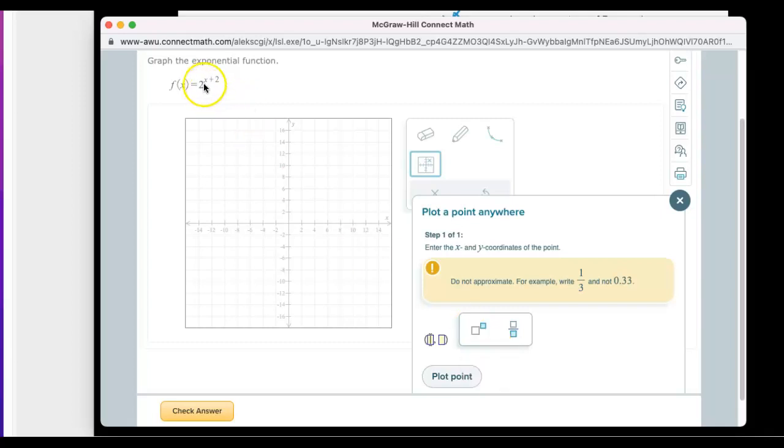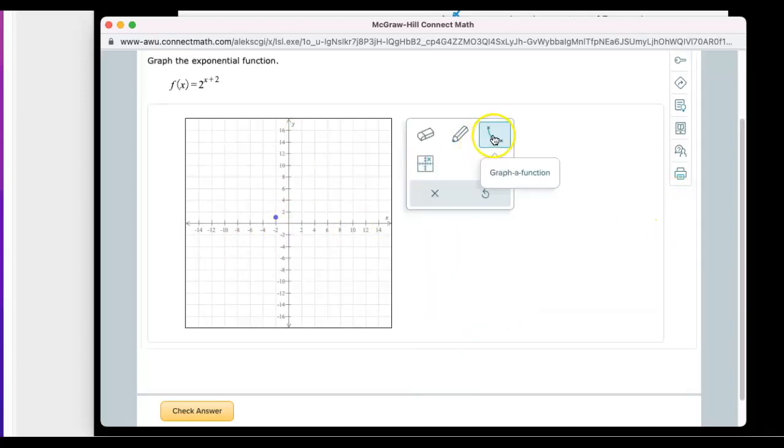If you plug that in, you get 2 to the 0 power, or 1. So I can type in negative 2 and 1, and then plot the point. You'll do that a couple of different times. Once you plot 3 or 4 points, you can click on this button, which will connect the points and make a graph.